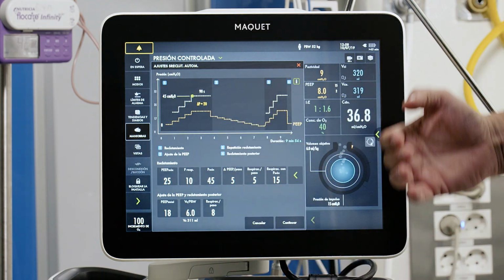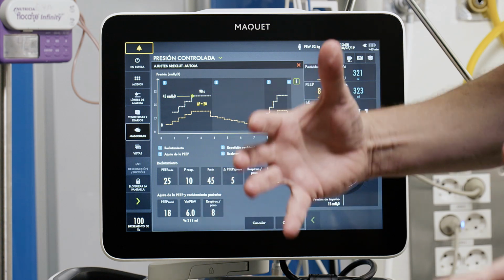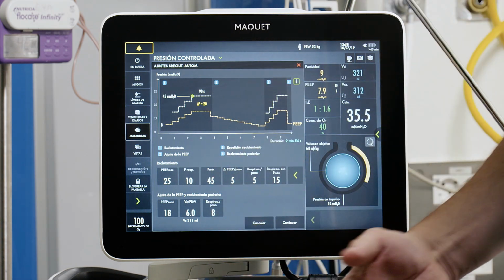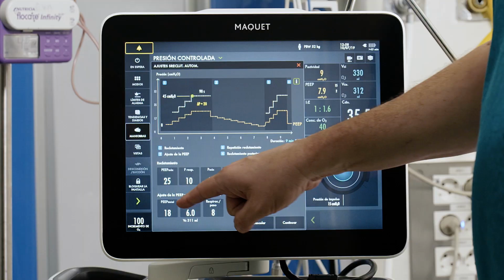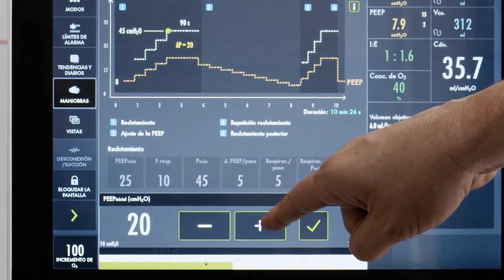The next we need to set is the parameters for the decremental PEEP trial. First is the level of PEEP with which we will start the decremental PEEP trial, 20 centimeters of water. Then we will select the tidal volume.